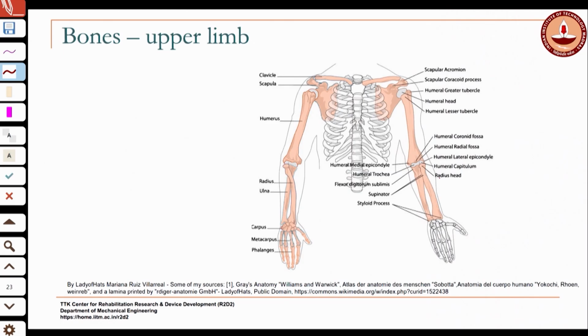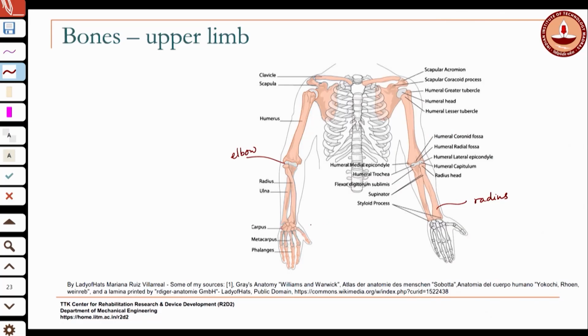So, this bone here is the radius. And you have the ulna. The junction where the humerus meets the radius and ulna, that is your elbow joint. So, where two bones meet and form a joint, this joint is the elbow joint in the upper limb.